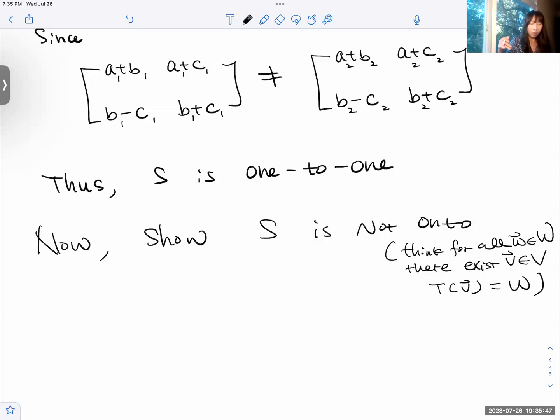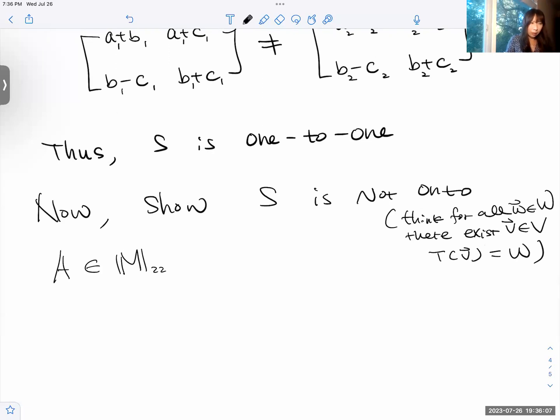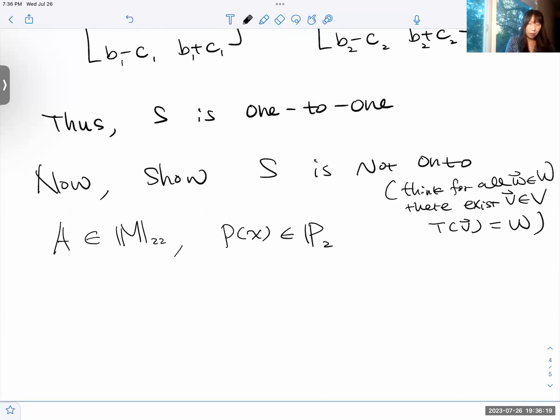So I am following that codomain element, right? Let's say that the matrix A is in the 2 by 2 matrices, and p of x is in the polynomials of at most degree 2, right? Okay. But then look, if this is equal, then it's onto, right?